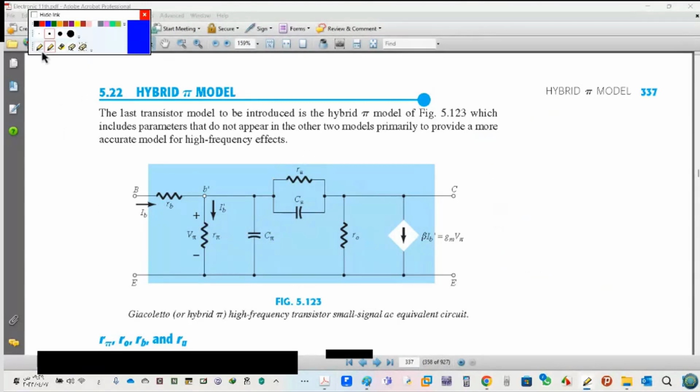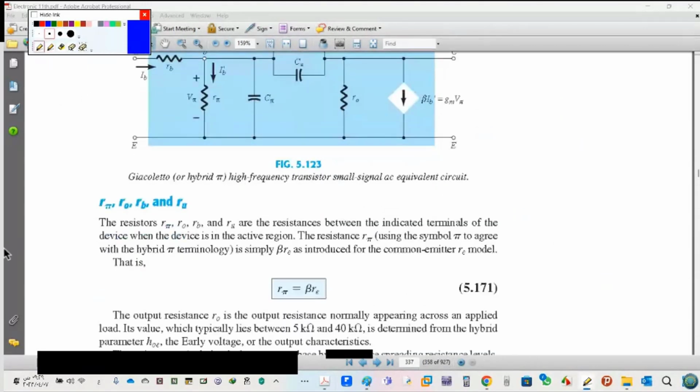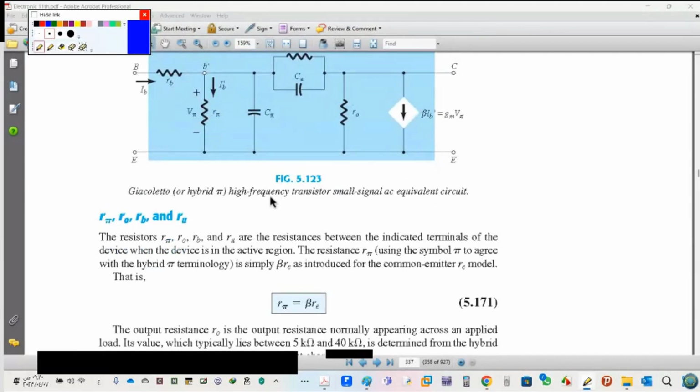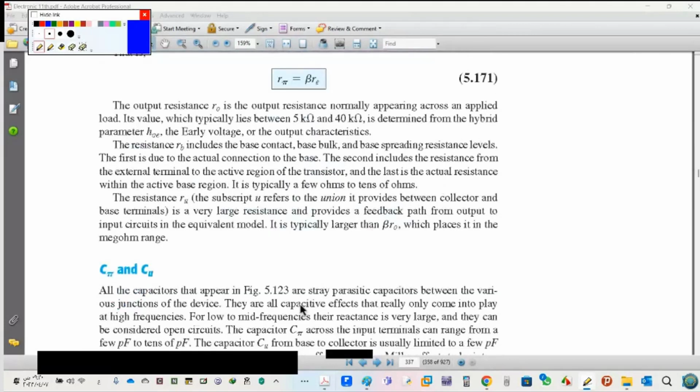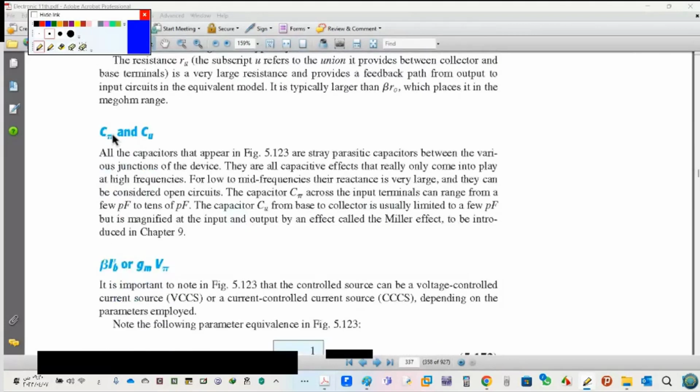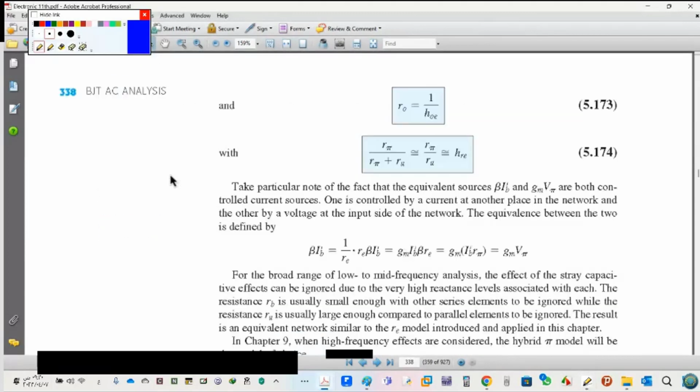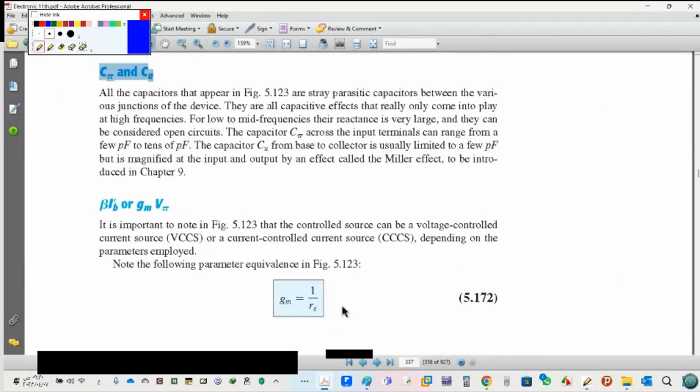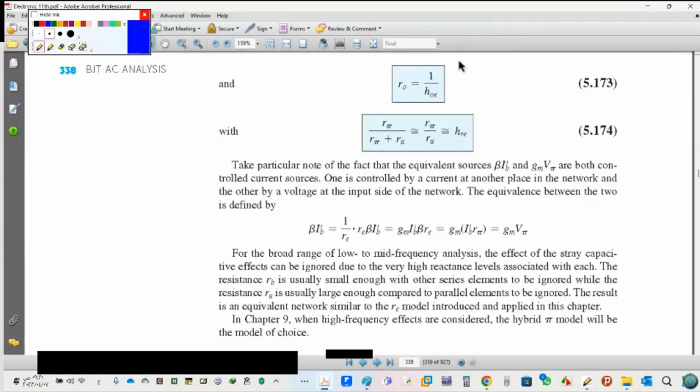In your book, r pi is beta re, yes, as I said here. C pi and C mu are usually given. gm is 1 over re. ro is 1 over hoe.